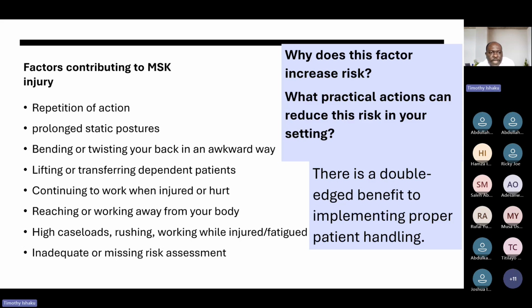It's possible you are using the right technique, or maybe a wrong technique plus repetition, but the fact that we are doing it over and over again is likely to lead to overload of tissues. It's likely to lead to cumulative strain, especially when we do it over a very short period of time.